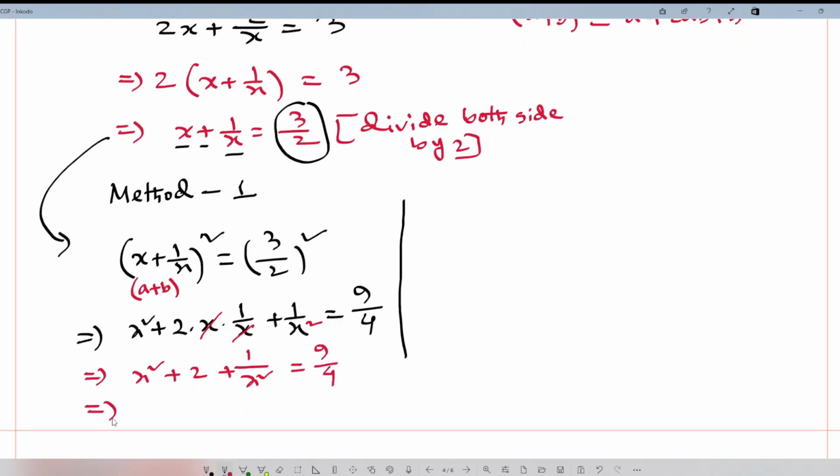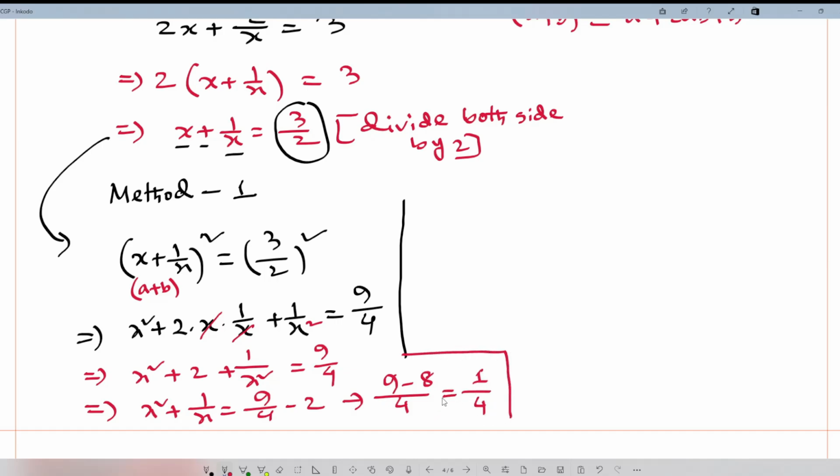And then we can write x square plus 1 by x square equals 9 by 4 minus 2. And this one we can write with LCM 4. So 9 minus 2 times 4 is 8. Our result is 1 by 4. Okay, this is our result.